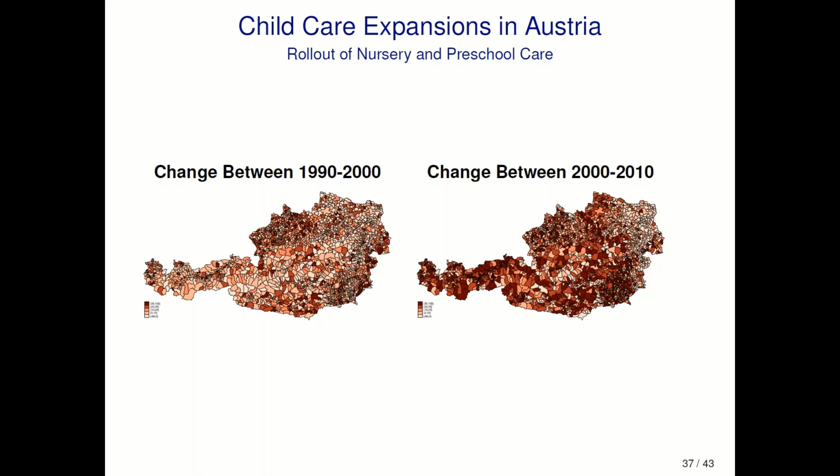That means families, mothers, they want more childcare, and therefore more childcare institutions are built. To avoid that kind of threat, what we're going to focus on are very large and sudden changes in childcare provision, and then look for very sharp changes in labor supply around those events.